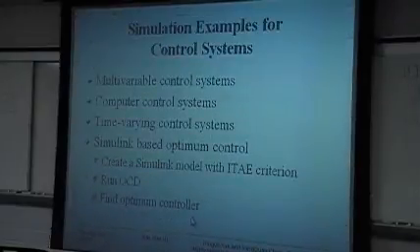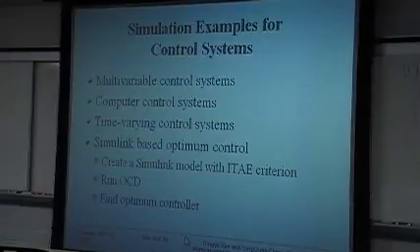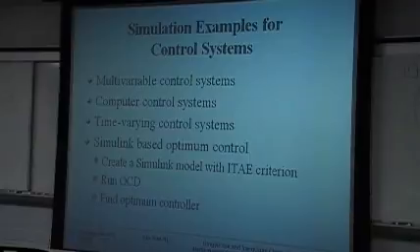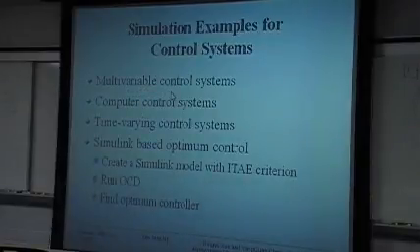So this is a very brief introduction on differential equation solutions. Now let's consider how we can solve control system problems. For instance, how can we simulate multivariable control systems?